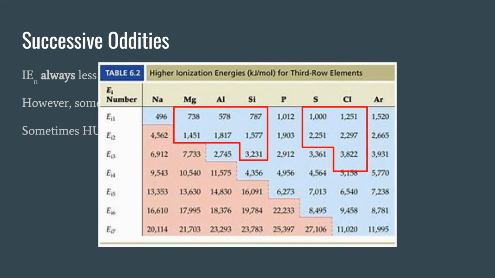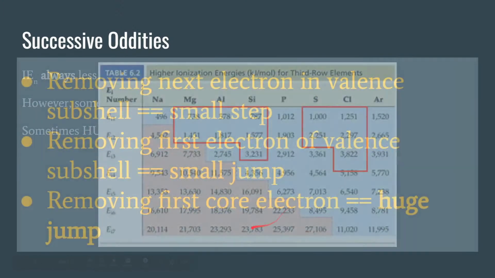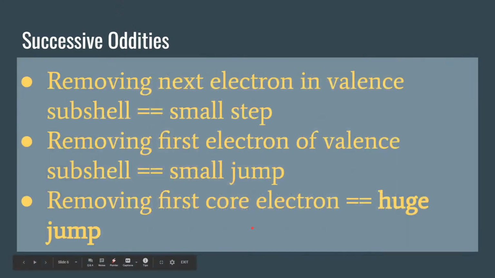That's why they probably won't quiz you on it. Like I said, the reason I want to throw that in there is that you have to remember that the half-full and completely full subshell gives you that effect, gives you that difference. So removing the next valence electron in a subshell is going to give you just a small step. It's going to increase.